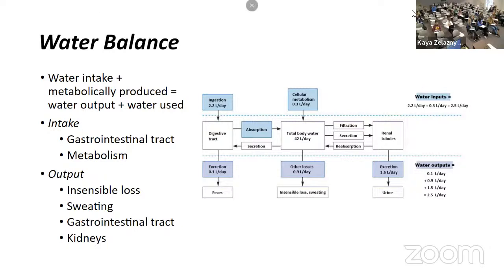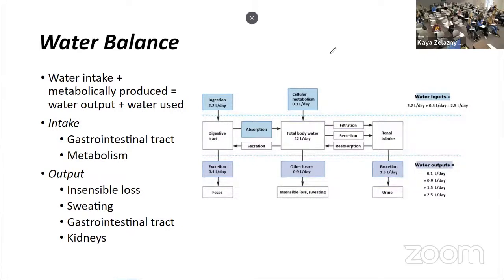There are a couple less obvious sources of water and ways water moves around in your body that you might not immediately think about if you're thinking about your daily life. So on the intake portion, ingestion is the most obvious one, right? Like chugging your Nalgene or whatever counts as taking in water, totally. Another input of water is actually cellular metabolism.